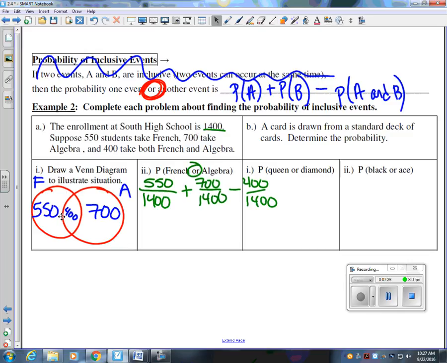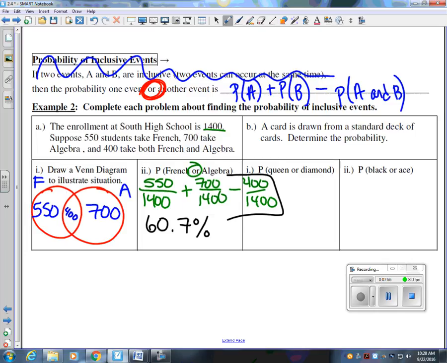All right, anybody can give me the answer? Good, 60.7%.